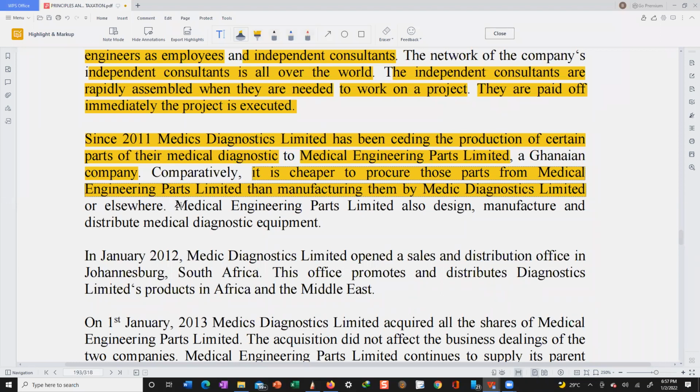Now, it tells us that Medical Engineering Parts also designs, manufactures, and distributes medical diagnostic equipment. Okay, so the transaction between Medic Diagnostic Limited here and Medical Engineering Parts here, now they didn't say they are a group or anything. That tells us that it is an uncontrolled transaction, or the transaction between them is not controlled in any way. Okay, that is what it tells us.